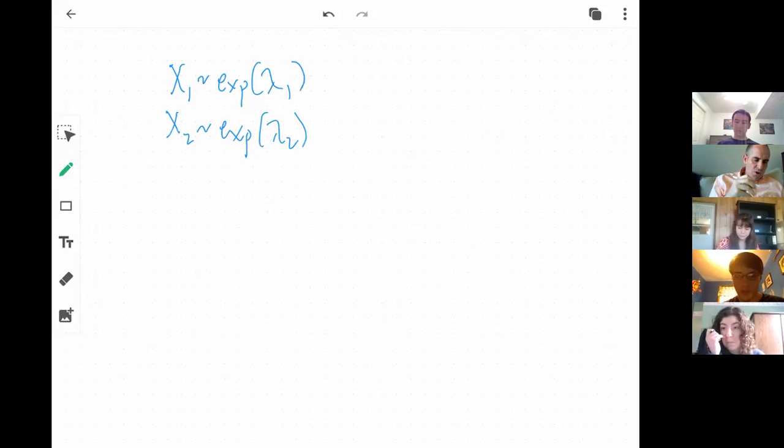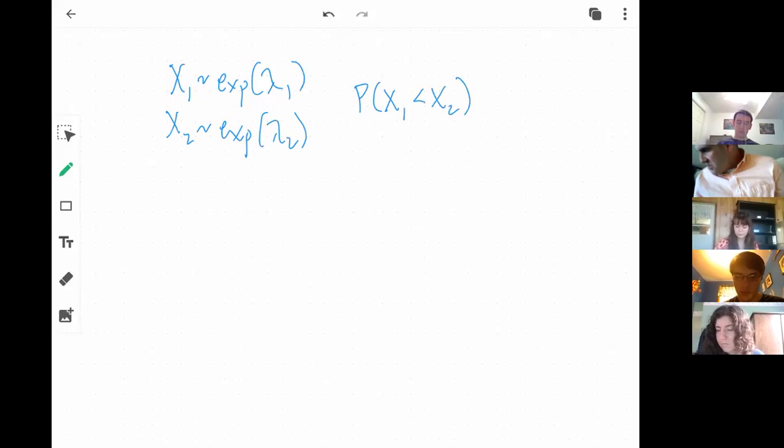And I want to know the probability that x1 is less than x2. That's one of the things I want to know. They asked for the distribution of z equal to the ratio of those two things. We might be able to do that, but let's first do this computation right here.